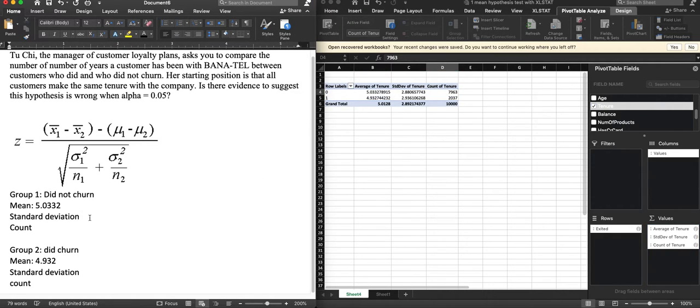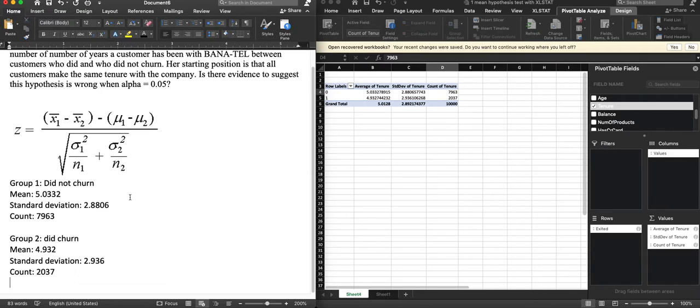Right, so this information, standard deviation is 2.8806, and the count is 7,963. For group 2, it's 2.936, and the count is 2,037.